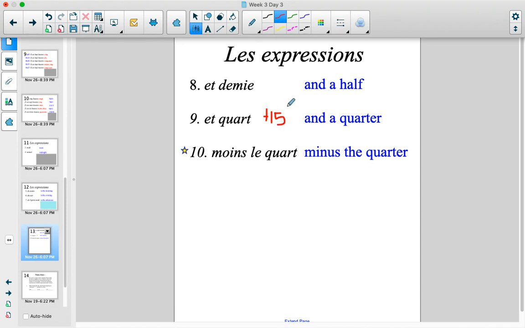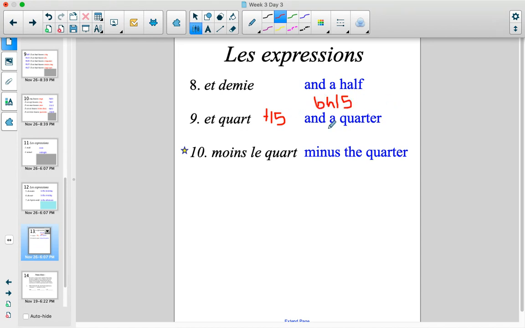So if I say 6 heures et quart, it would be 6 heures 15. So it's 6:15, and a quarter.